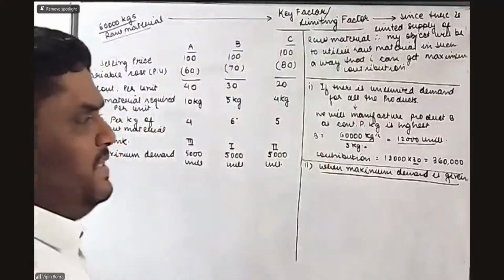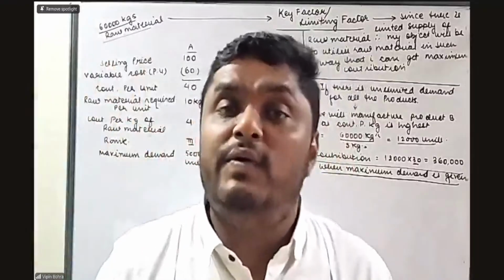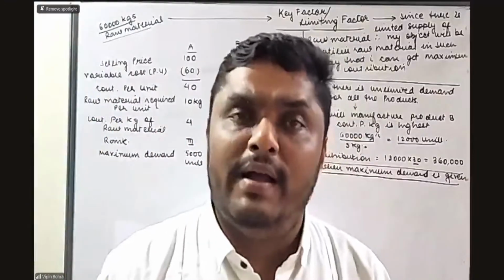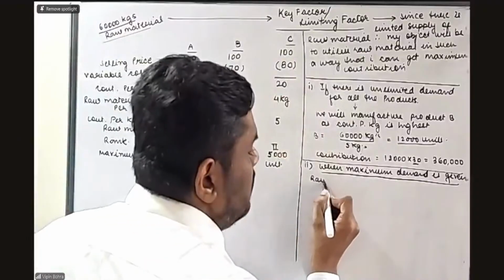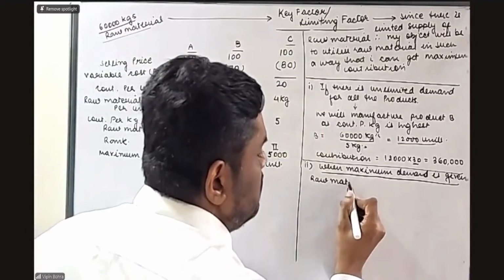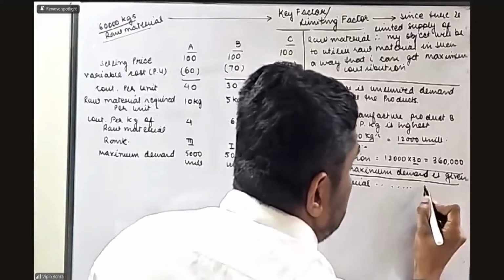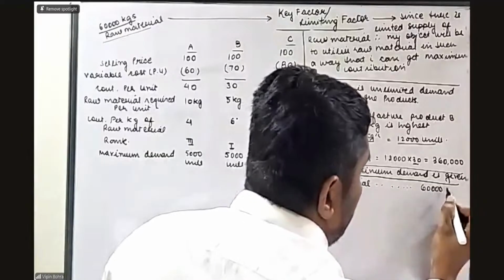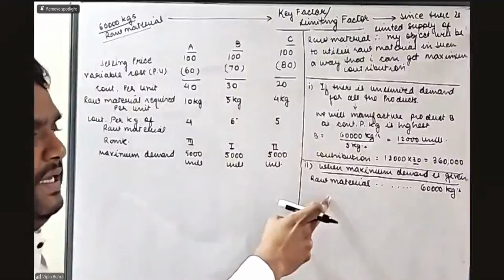So now since maximum demand is given that we cannot manufacture and sell more than 5,000 units of a particular product in the market. So herein, we have raw material of how many kgs? We have 60,000 kgs.